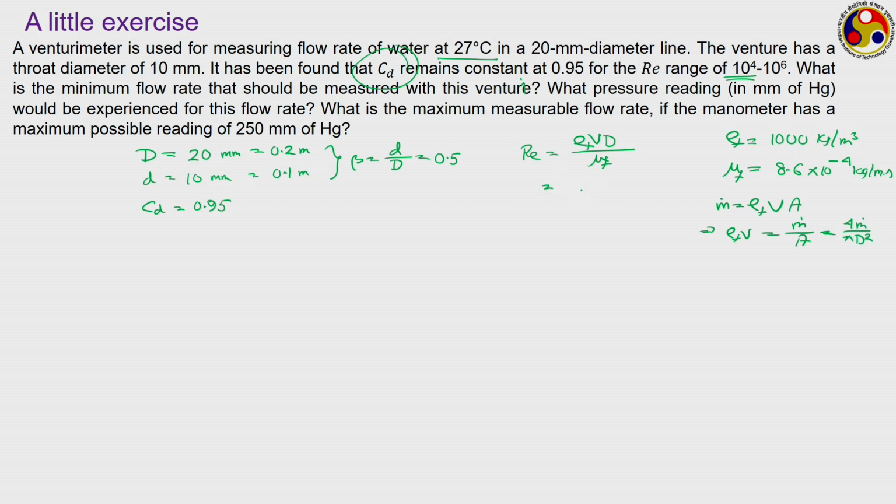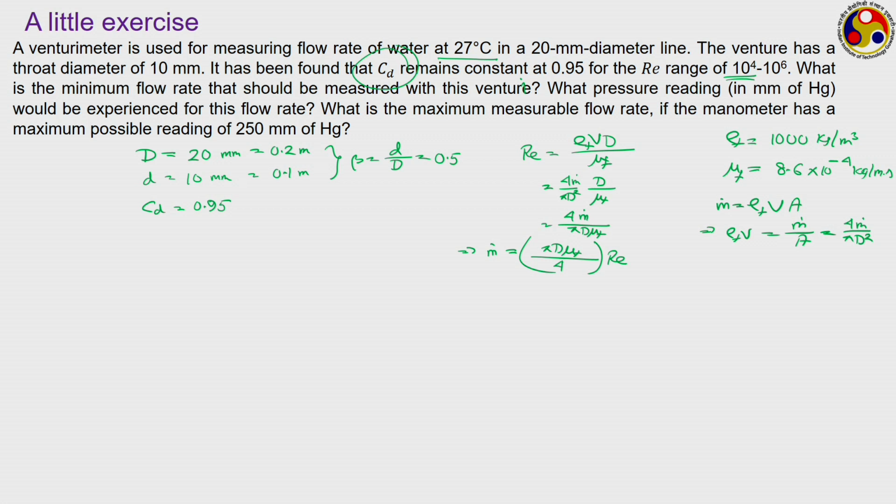If we put it back here, rho f into V becomes 4 m dot by pi d square, into d upon mu f, that is 4 m dot by pi d into mu f, from where m dot is equal to pi d mu f upon 4 into the Reynolds number.